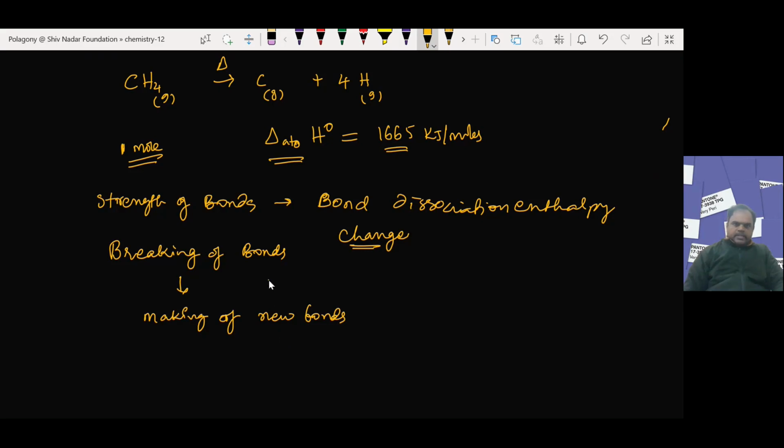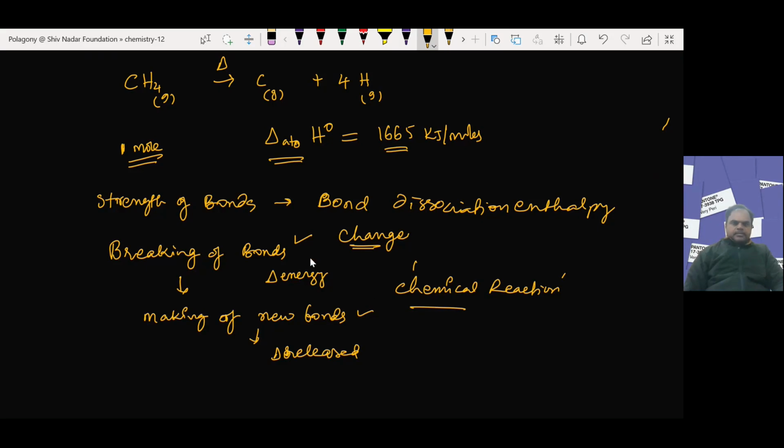While breaking, energy is required, and for making, energy is released. So during chemical reactions, breaking of bonds and making of new bonds take place.